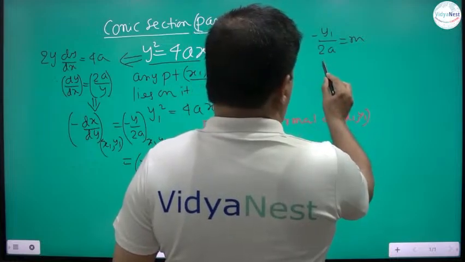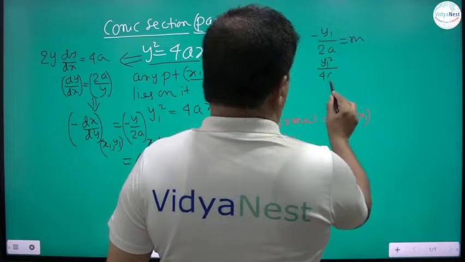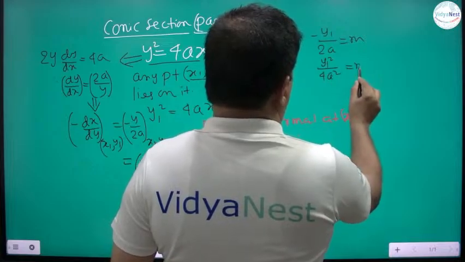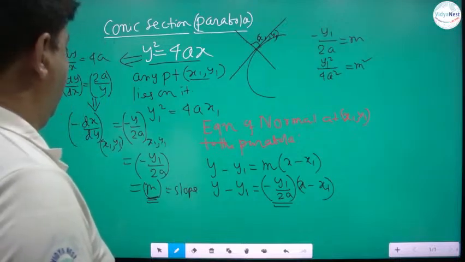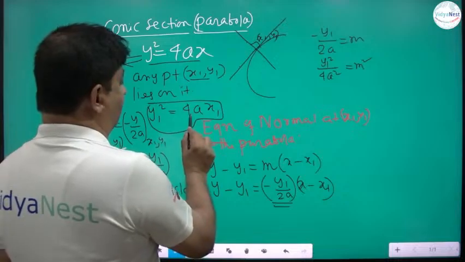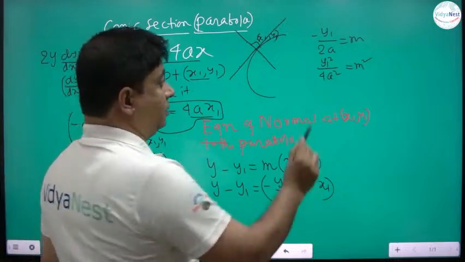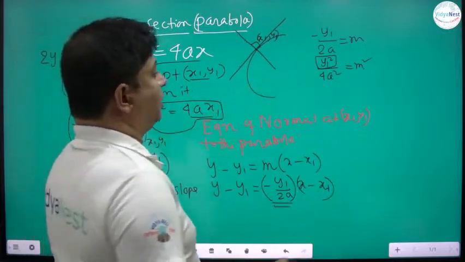So square it. If I square both sides, I will get this result. Now, what is y1 square? Earlier we got y1 square is 4ax1. So instead of that y1 square, you put that 4ax1.